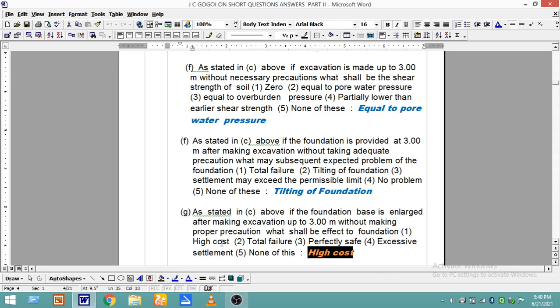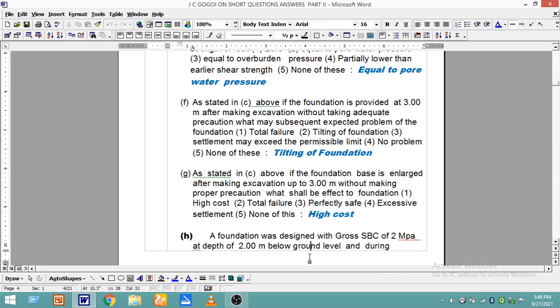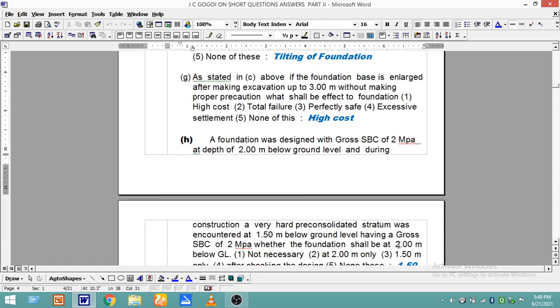Next, only that other factor will be coming. Number 1, high cost. A foundation was designed with a gross SBC of 2 MPa at a depth of 2 meter below ground level, and during construction a very hard pre-consolidated stratum was encountered at 1.5 meter below ground level, having a gross SBC of 2 MPa.